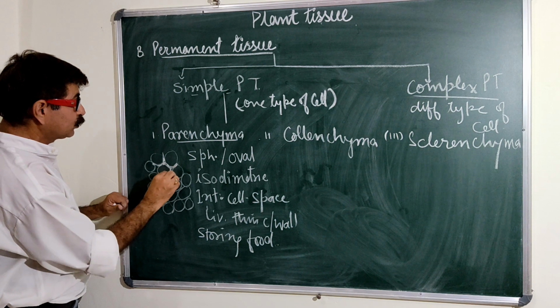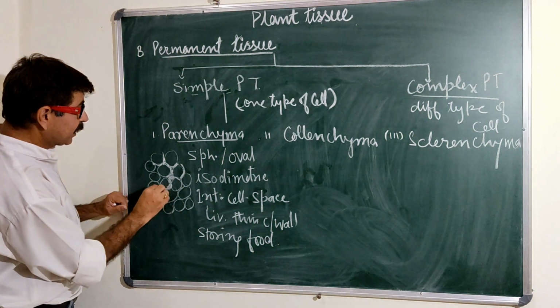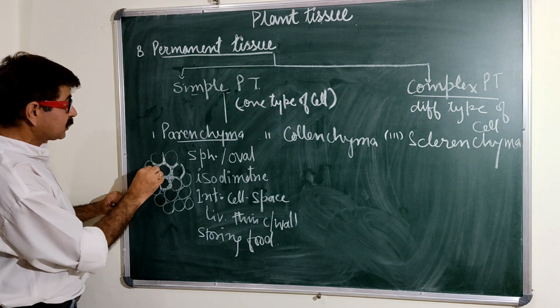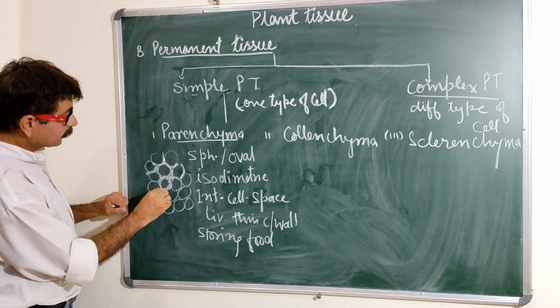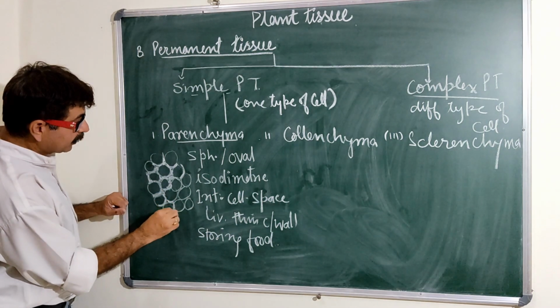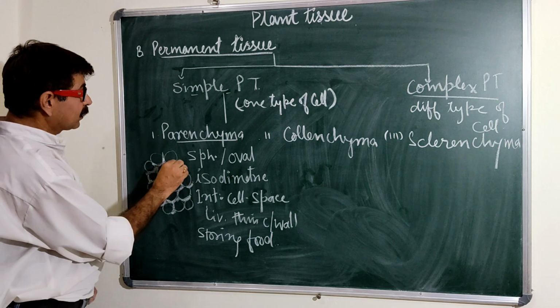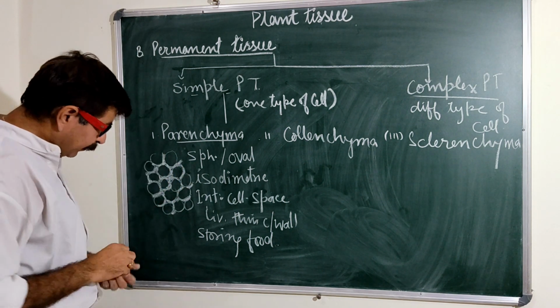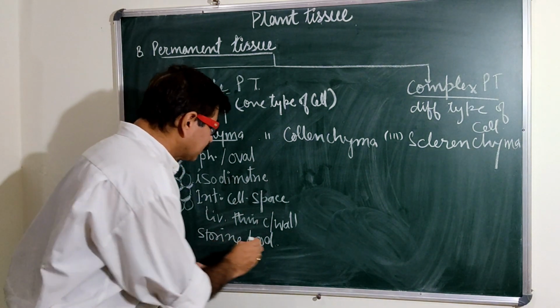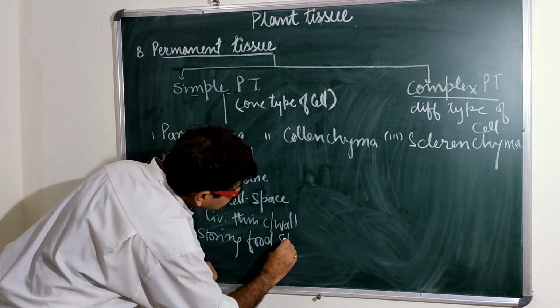The dark color that I am showing is the intercellular space, found between the cells. They are isodiametric, almost similar, and the function, as I have told you, is storing the food. Even sometimes providing the strength.